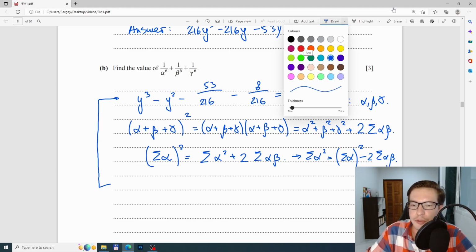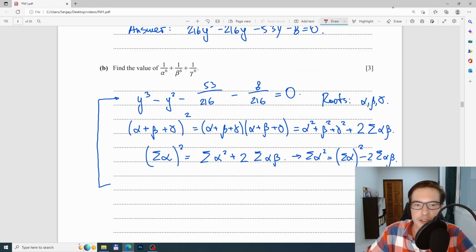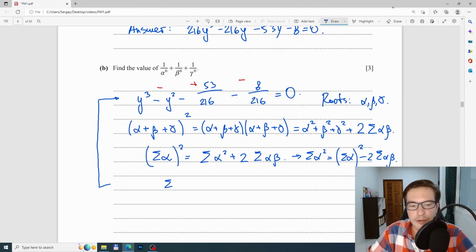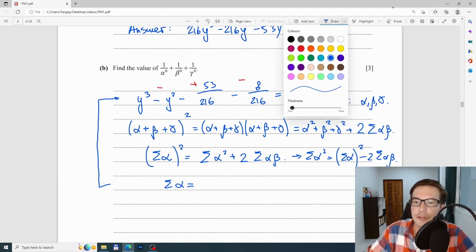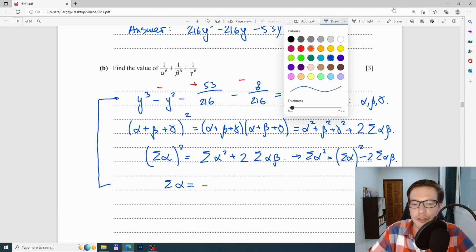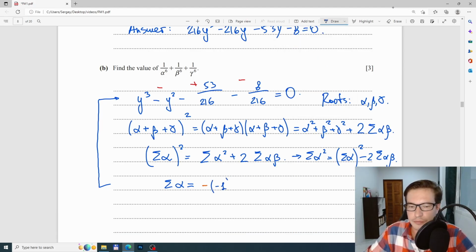So what's the connection between the coefficients and the sum of alpha, the sum of alpha beta, and so on? If you take the number next to y squared with a negative sign, that should give you the sum of the roots of the equation. So the sum of alpha is going to be equal to, remember, I have to take it with the negative sign, so it's minus negative 1, which equals positive 1.